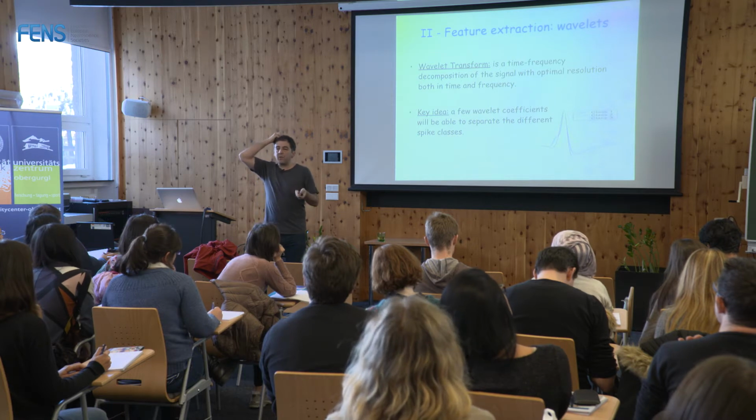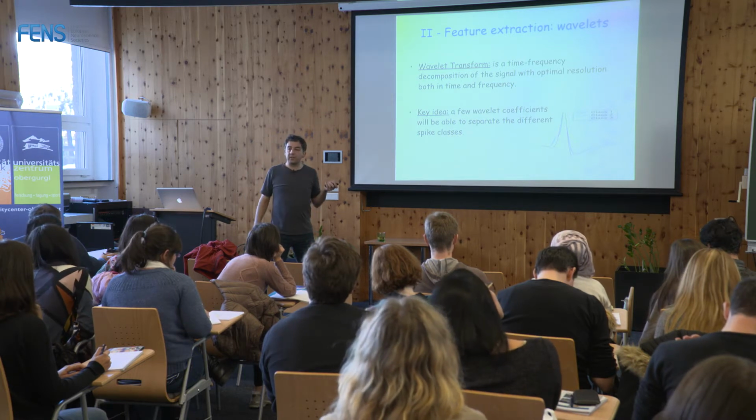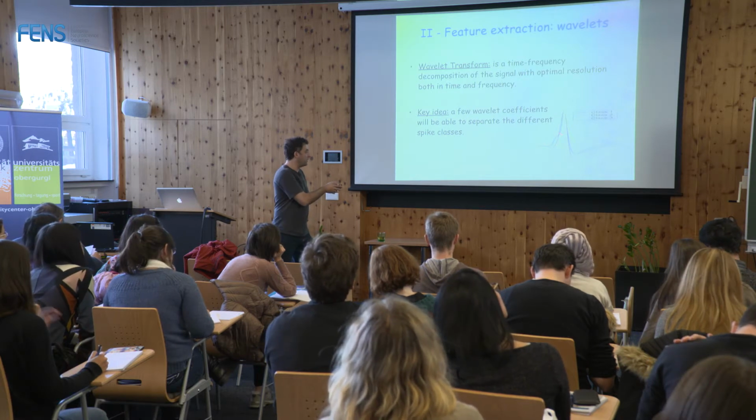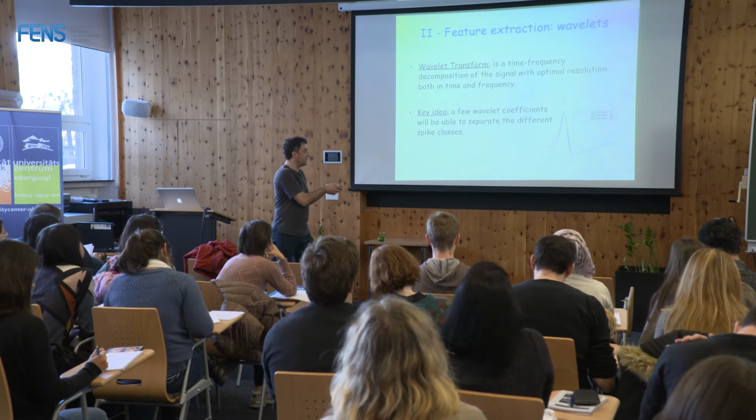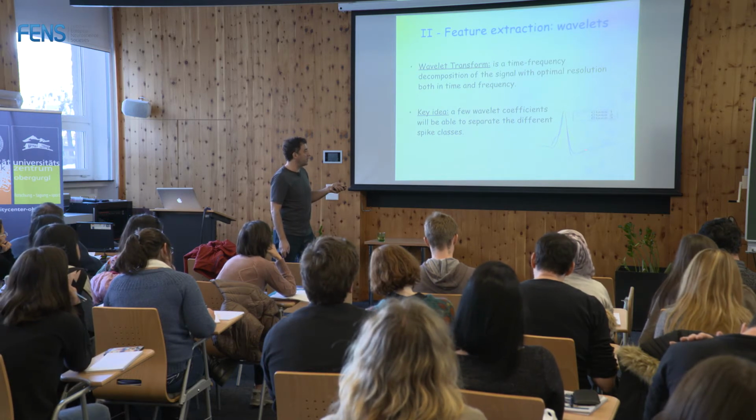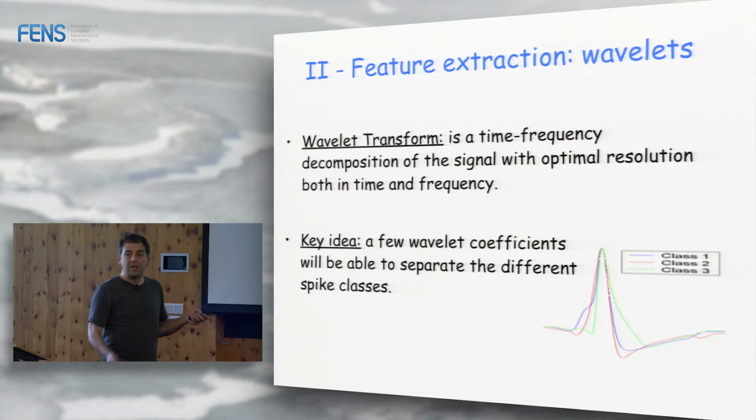There will be a wavelet coefficient that characterizes a bump with this frequency content and at this time. There will be another wavelet coefficient that characterizes this decay, which is different here than here. So you have different sets of wavelet coefficients characterizing different, localized features of your spike shapes, right?